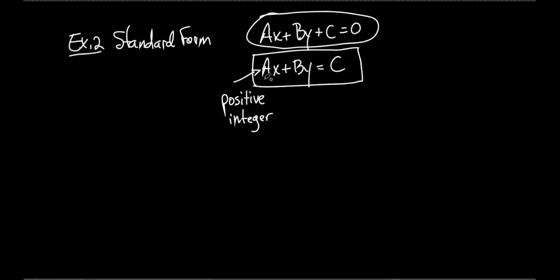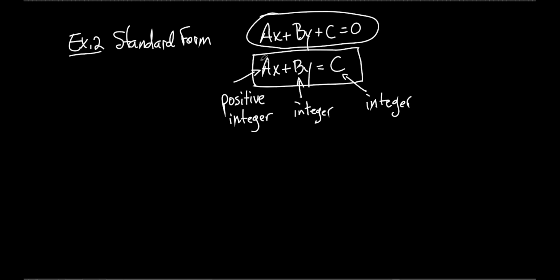So that has to be a positive integer. The B and the C need to be integers, which means we don't want fractions. These could be negative, this could be a minus something y and a negative something over here, but we want the A to be a positive integer.